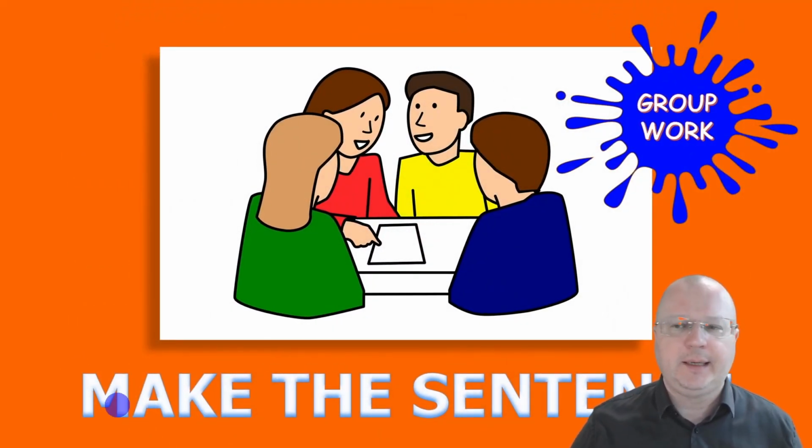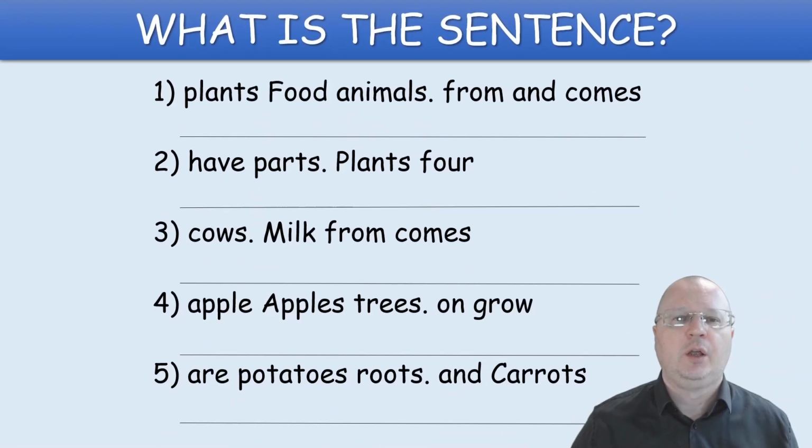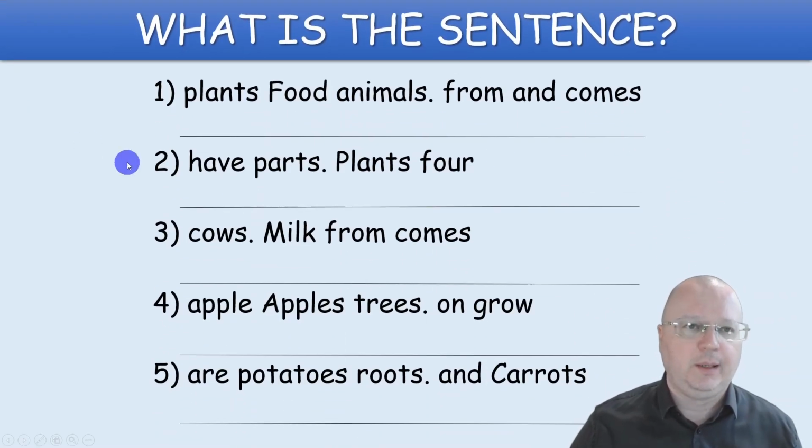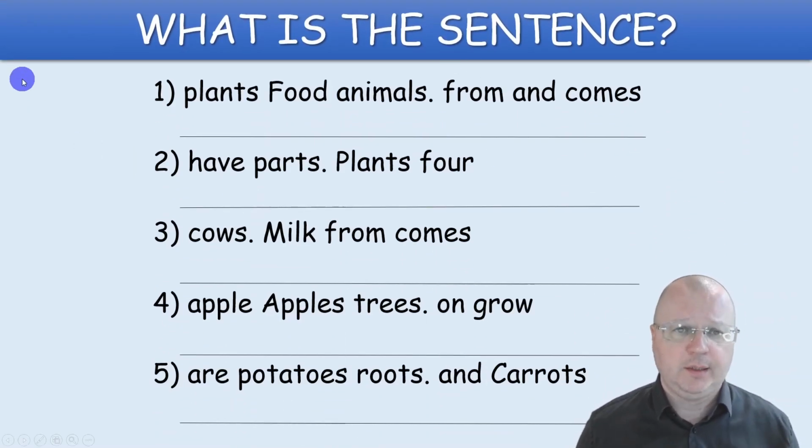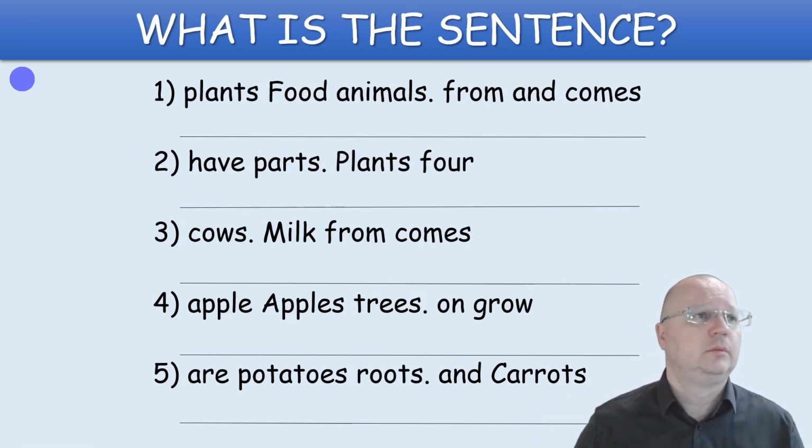Okay, next activity is group work activity. Make the sentence. So you display these sentences on the smart boards, on your projector, on the screen, and you put your students into teams, and they need to write down the correct sentences in teams.